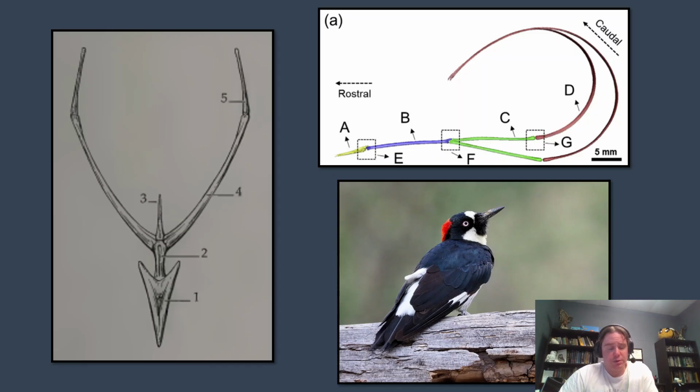The paraglossal bone is that big triangular bone you see there that makes the tip of the tongue. This is the paraglossal bone. Then you have a basohyal and urohyal bone, and then a ceratobranchial and epibranchial bone. That's a very generic, typical diagram of the bones that support the bird's tongue.